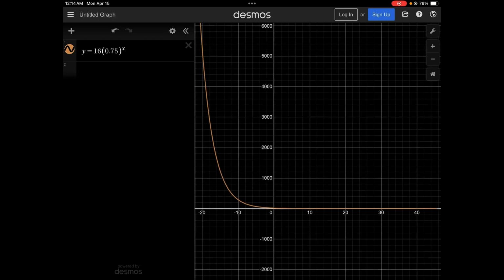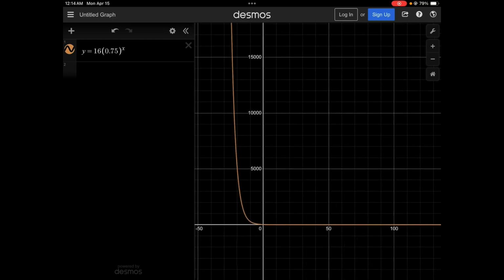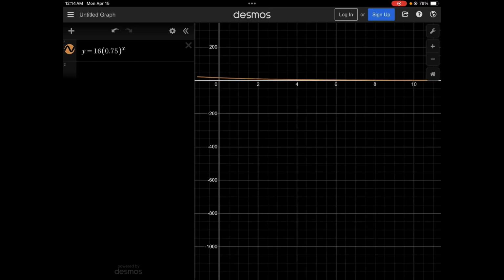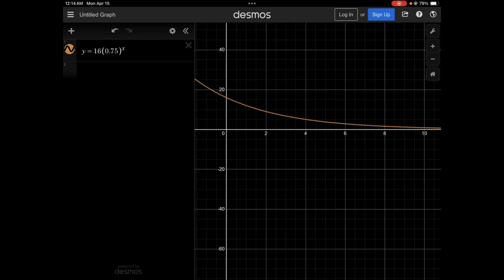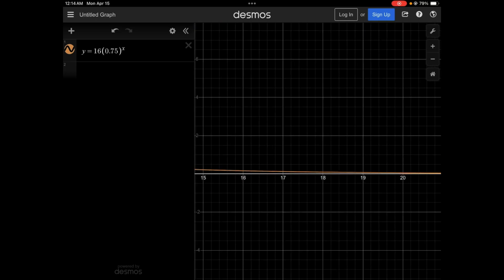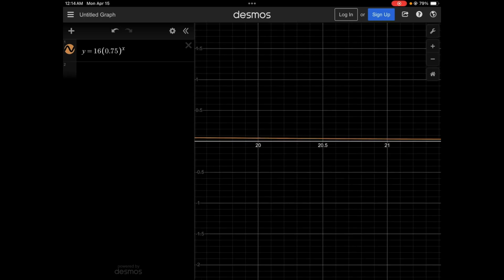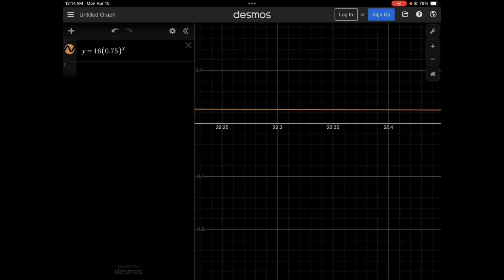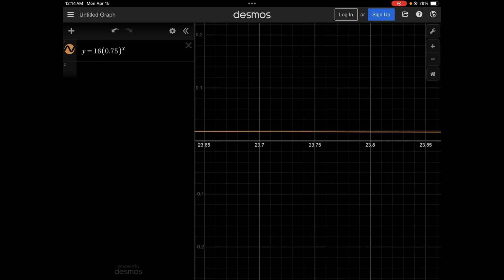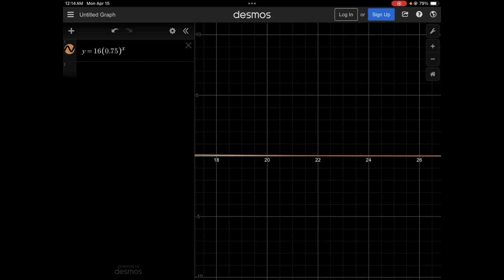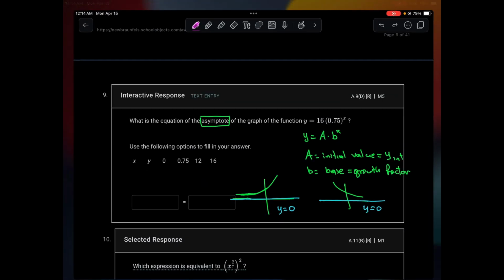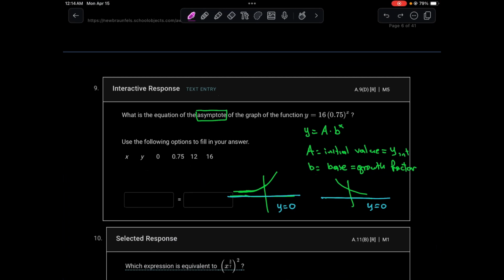If I zoom out, you'll see that it kind of tries to align with the ground, and you're like, does it not touch it eventually? No. If you change the scale, no matter how far you go, you'll see that there is still a gap, meaning it tries to touch the ground, but it will never touch no matter how far you go. But if you zoom out, it will appear that it's really close and aligning with it.